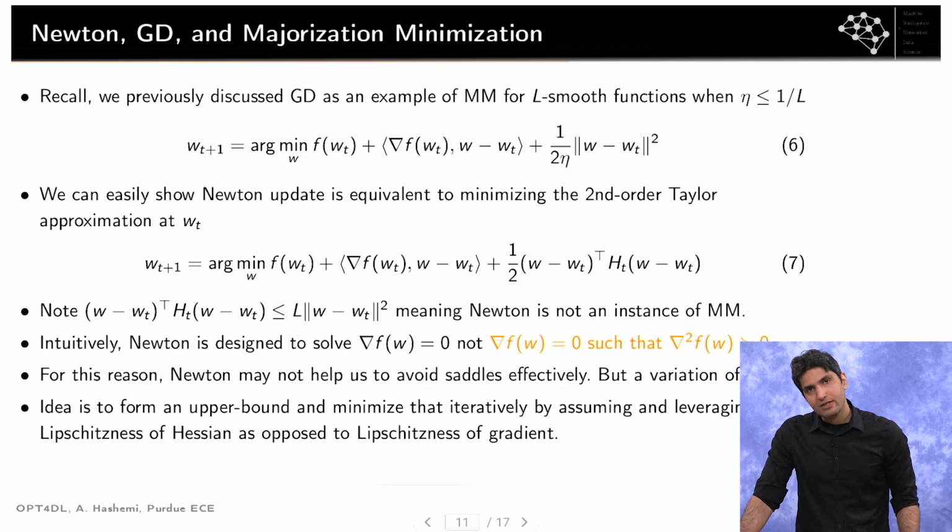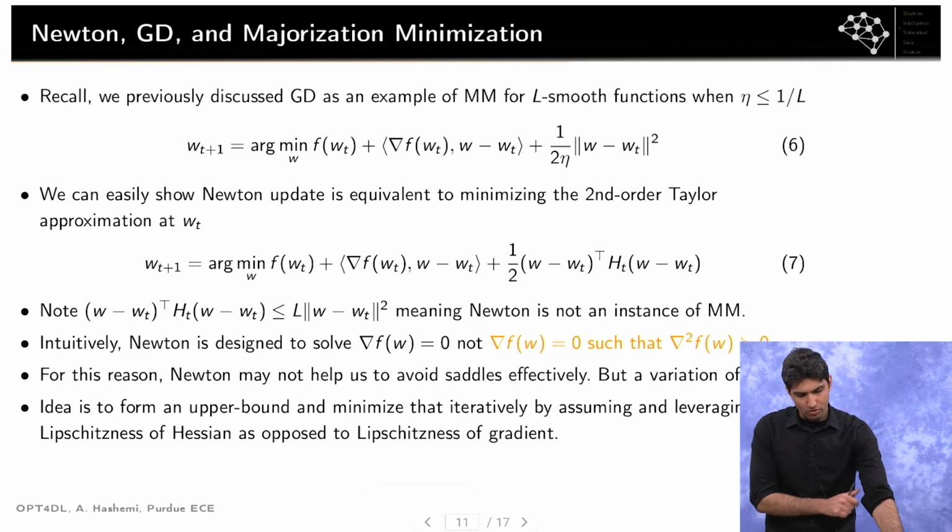Okay. To motivate the elegant modification to the Newton method that I mentioned, let's go back to the concept of the majorization minimization meta algorithm that we talked about early on in the course when we motivated gradient descent.